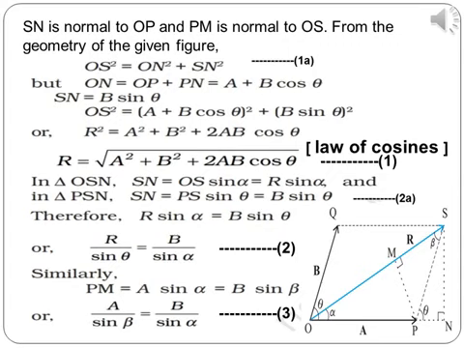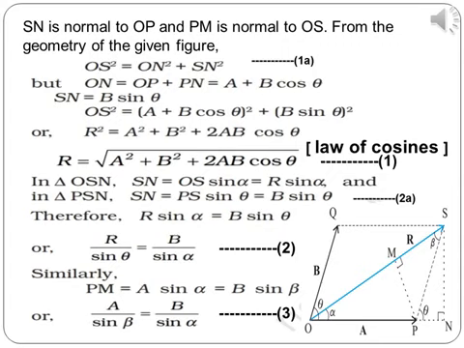So R square is equal to A square plus B square plus 2AB cos theta. By taking the square root, the magnitude of the resultant vector R is equal to square root of A square plus B square plus 2AB cos theta, which is the expression 1.